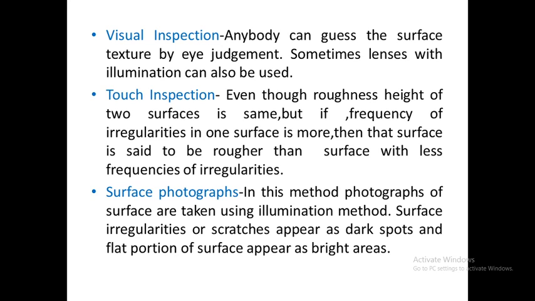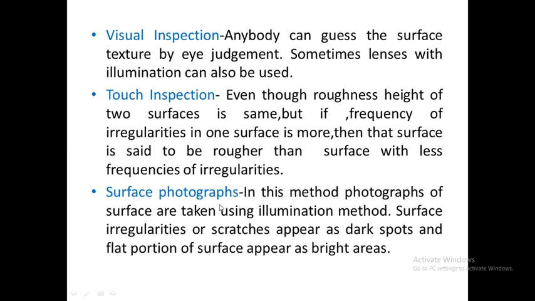If the irregularities occur more frequently, then even though the roughness heights of both specimens are the same, the second surface will be rougher than the first, since the frequency of irregularities in the second surface is more. So in touch inspection, the inspector just moves the hand over the surface in order to determine the frequency of the irregularities.